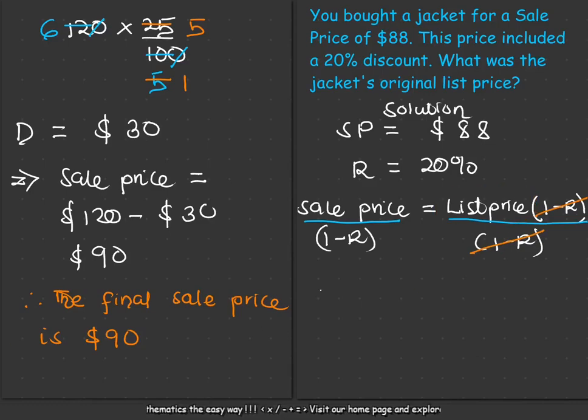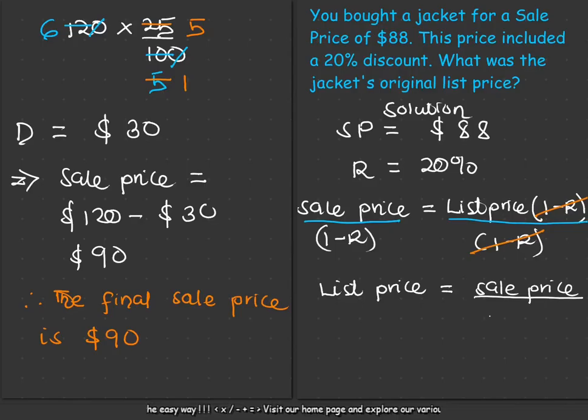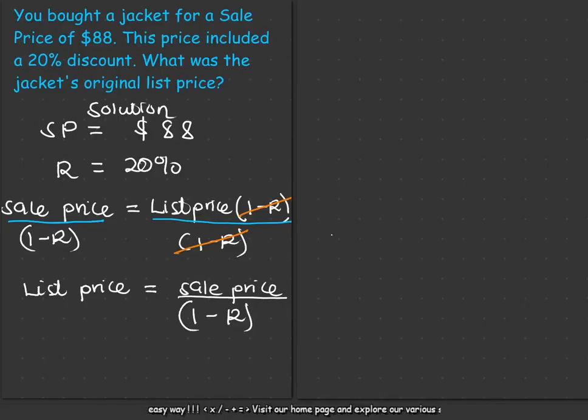So the list price is equal to our sale price all over 1 minus R. So this is the formula we have derived to use for it.